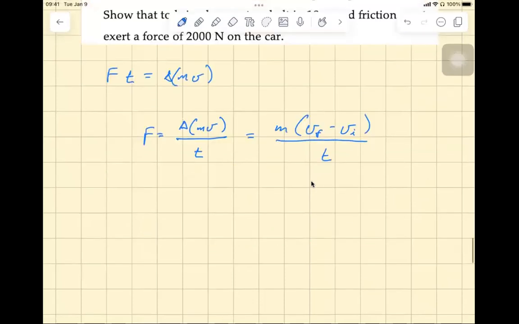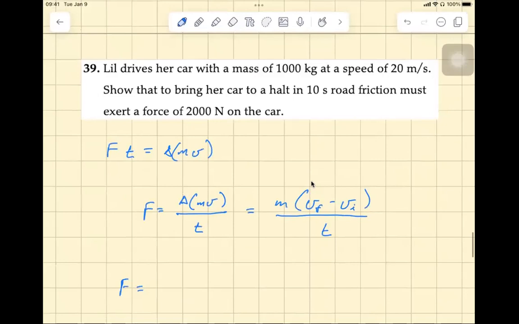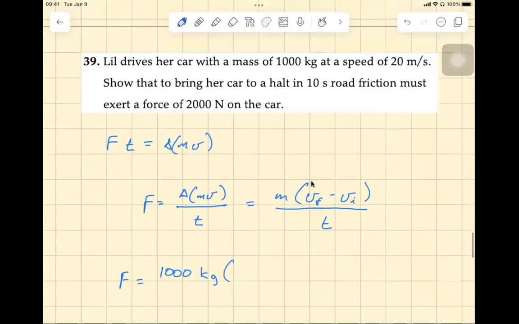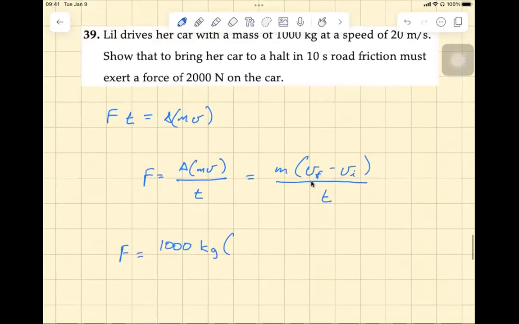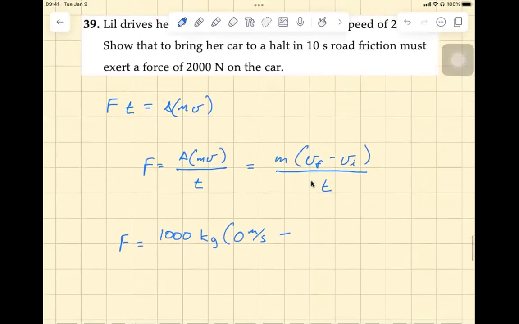Okay, so force is equal to the mass, 1,000 kilograms. And what is her final velocity? Her final velocity is 0. It says to bring her car to a halt. So that's 0 meters per second minus 20 meters per second divided by 10 seconds.